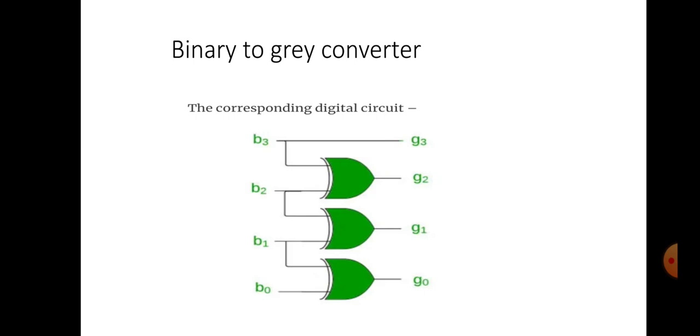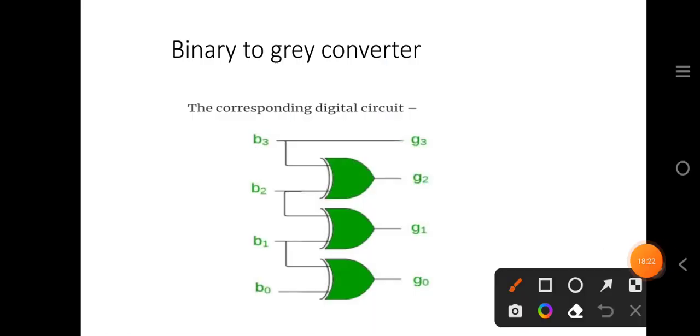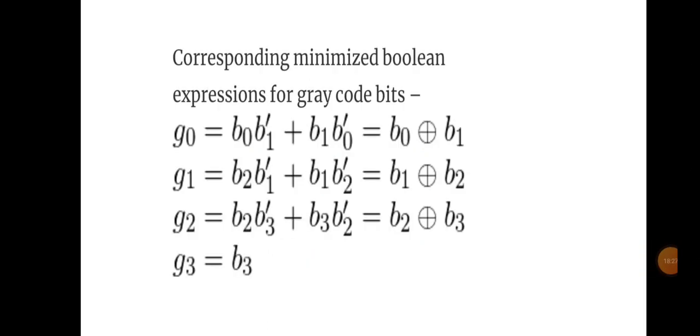First G0 was there. What was the equation for G0? It was B0 B1 bar plus B1 B0 bar. So it was nothing but B0 XOR B1.